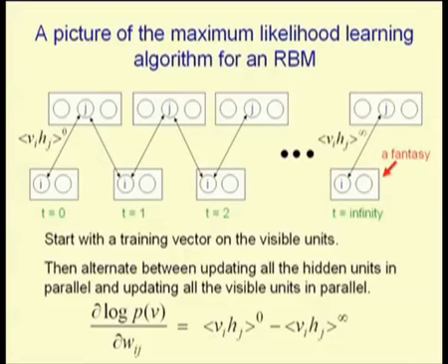And the derivative of the log prob of a visible vector is the difference of these correlations. So if you average this over all the visible vectors in the training set, then this is the right learning rule to change the weights to make the training set more likely.